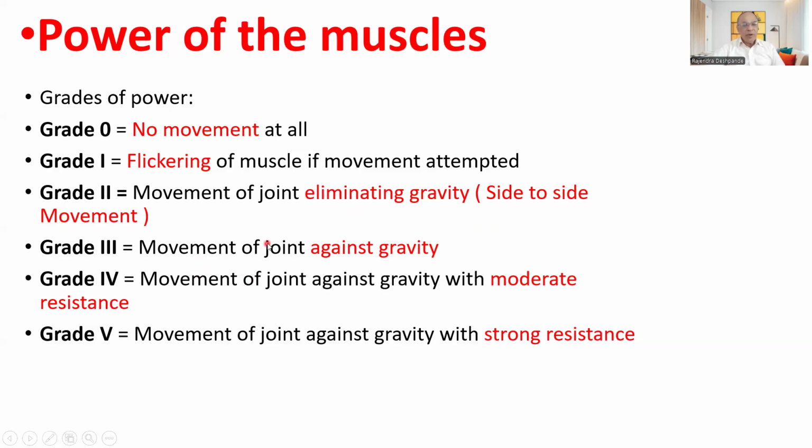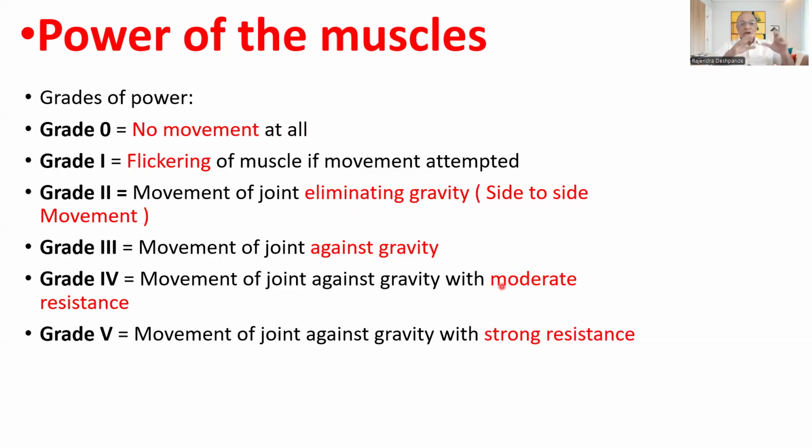Grade 3 is movement of the joint against gravity. He will slowly lift his hand from the bed. Then grade 4 is movement of the joint against gravity with moderate resistance. The doctor will place his hand and ask the patient to lift the hand and try.